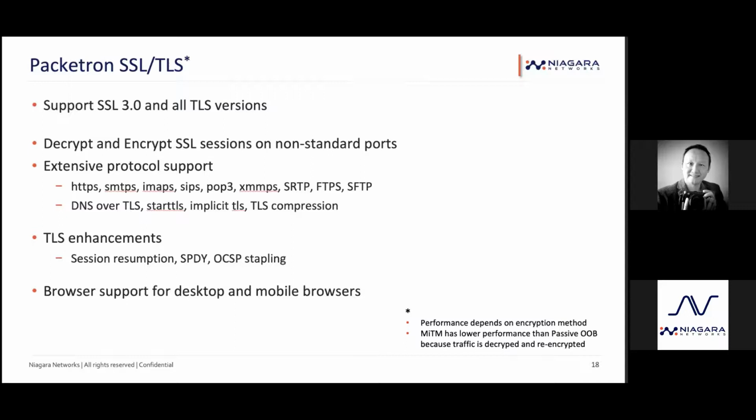We can do that on other ports as well. So extensive protocol support: we can do HTTPS, but basically all the encrypted protocols, so SMTP, email, SMTPS, IMAP, SIP, well, you name them, and we do support them as well.